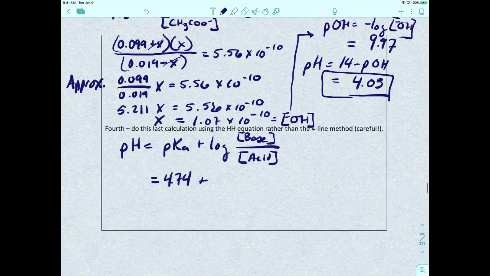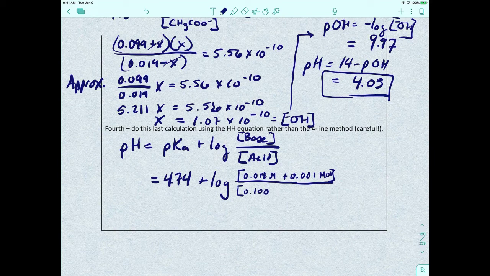All right, so let me write this out. Let's start with the log. Now, what I'm going to do is write the base. The base is going to be the initial, which for us was 0.018 molar, but we're adding 0.001 moles to that. For the acid, we had 0.100, and we're subtracting 0.001 moles from that.